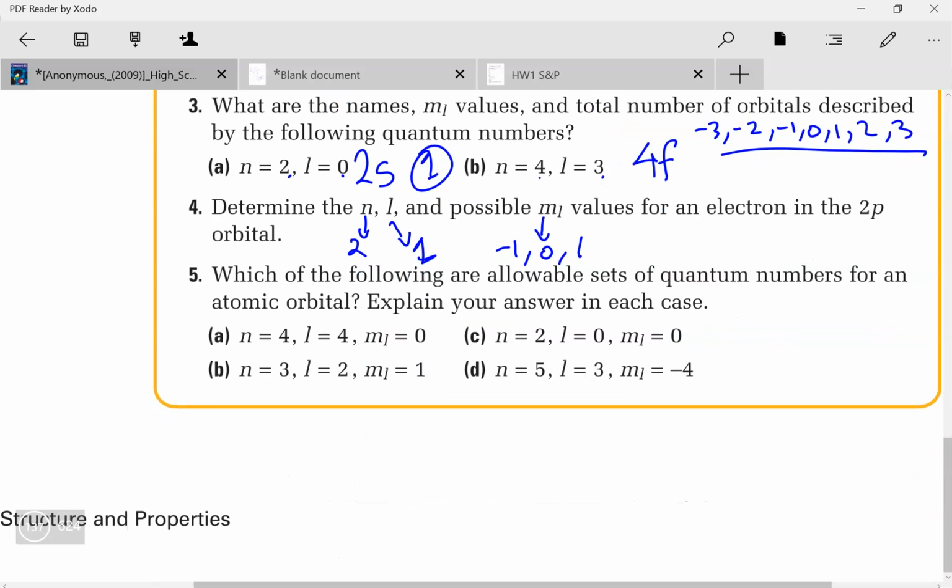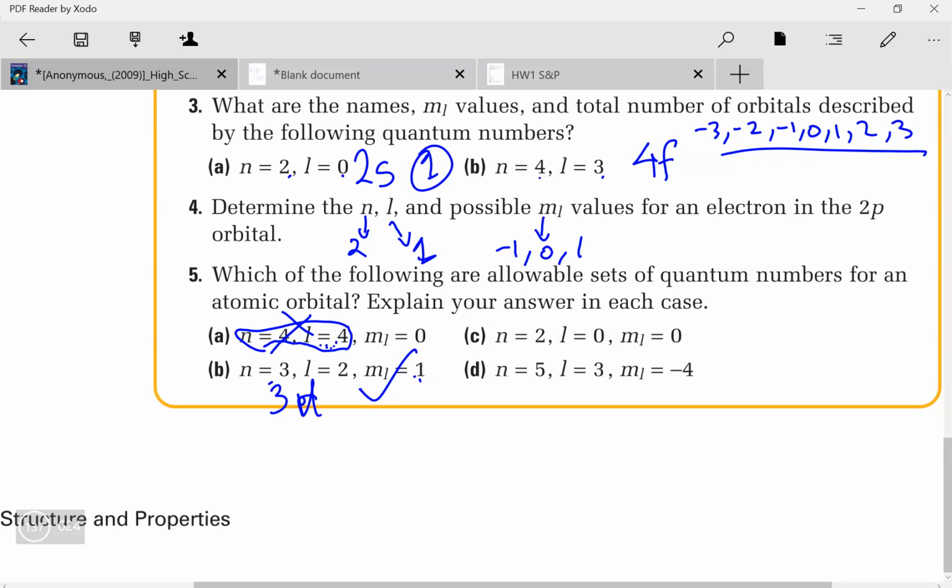Which of the following are allowable sets? So n equals 4, L equals 4, right then and there you can say that's a no. L cannot be equal to n. So that's your reasoning there. n equals 3, that's a 3p, 1. 3d, 1, and that's allowed. So this is fine.